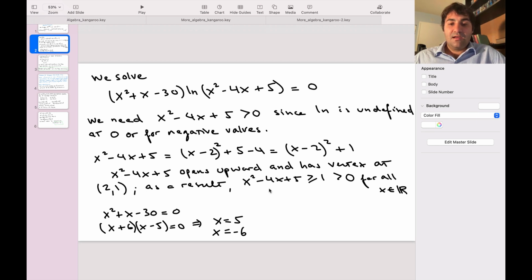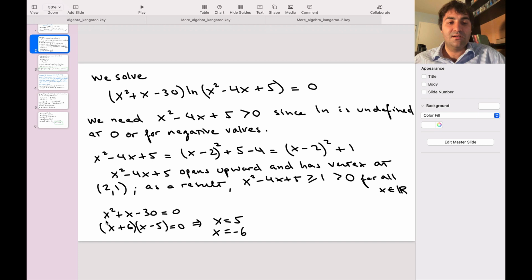Because of that, x² − 4x + 5 is greater than or equal to 1, which is consequently bigger than 0 for all real values of x. So we don't have to worry about x² − 4x + 5 being less than or equal to 0.